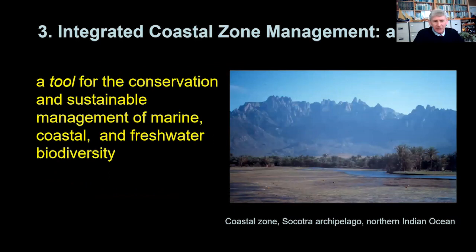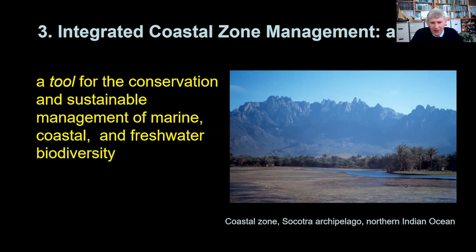I think one of the important things to realize is that coastal zone management is a tool for conservation and sustainable management. And it covers the marine, the coastal, and the freshwater biodiversity that lives in a place. So we'll be talking about a case study on Socotra later on.